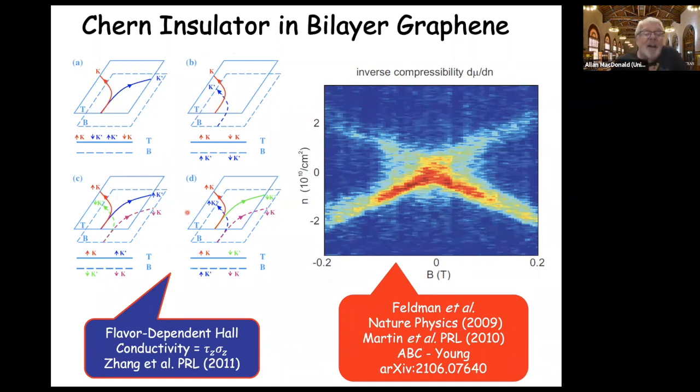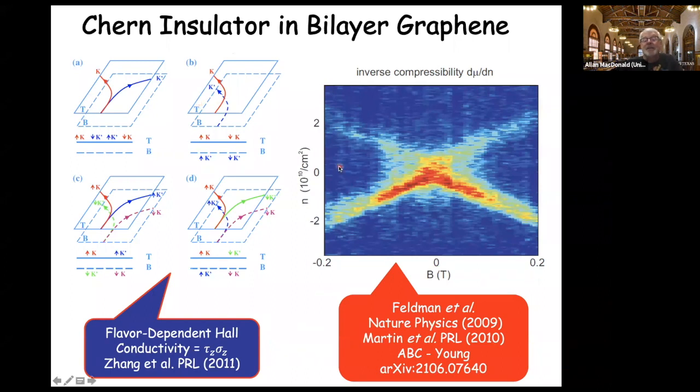But the big energy scales are associated with layer polarization within a valley, and the small energy scales determine the relative sense of layer polarizations in different valleys. And the state B here, in which all 4 flavors make the same contribution to the Hall conductivity, is not very far away in energy.